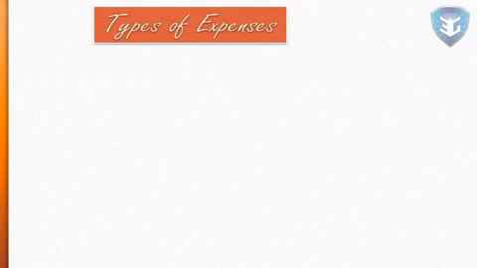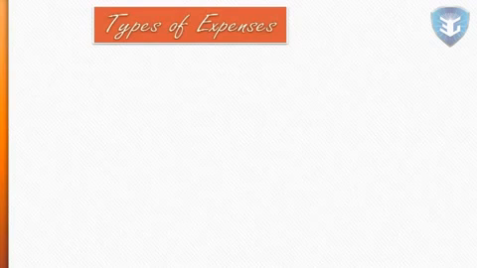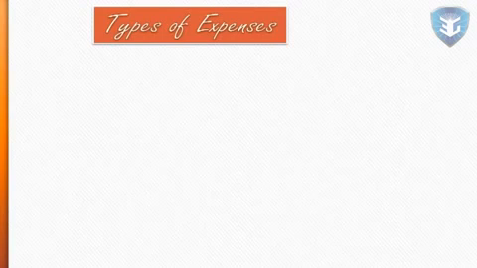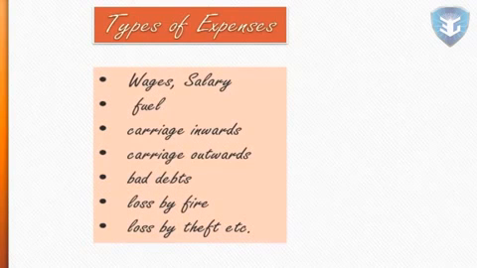And before I start final accounts, you must be aware about the types of expenses. Now you are familiar with the expenses like wages, salary, fuel, carriage inward, carriage outward, bad debts, loss by fire, loss by theft, etc., and we have used these accounts in our previous segments.